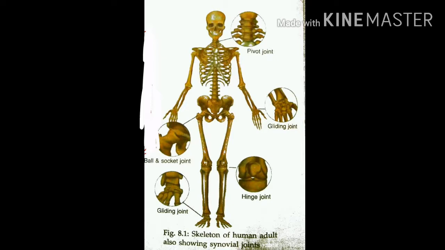Their main function is to allow the body to perform a variety of movements. There are four major types. One is the ball and socket joint. Second, the pivot joint. Third, the hinge joint. And fourth is the gliding joint.